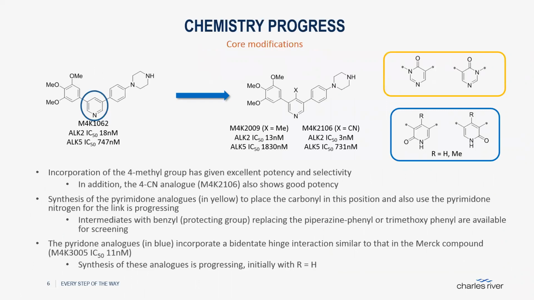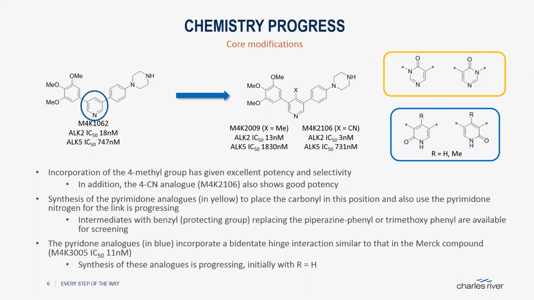Okay, next. So these are sort of to follow up on 2009 and 2106. We've talked about this before, replacing the methyl or nitrile by a carbonyl. This compound is shown in the yellow box at the top. Synthesis of those is in progress.